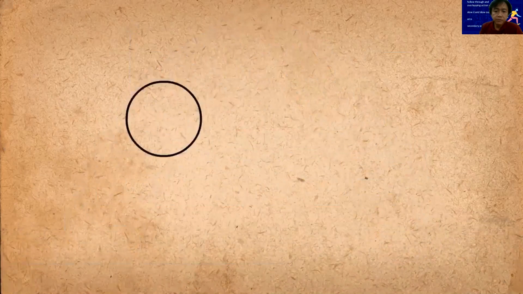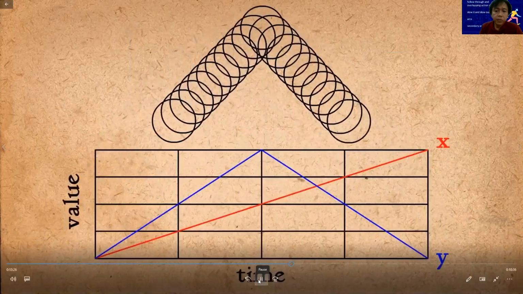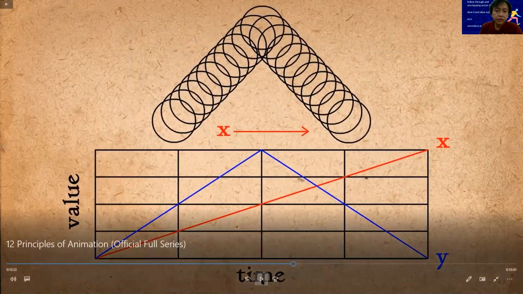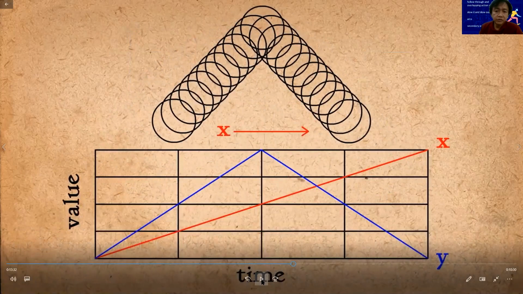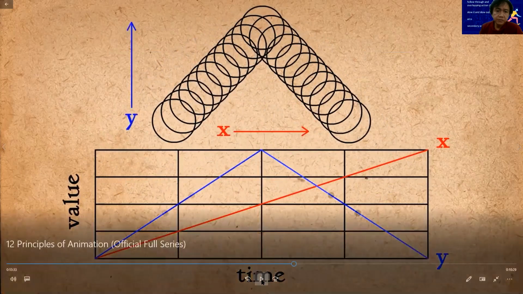Slow in and out caused by gravity. When doing this in 3D and motion graphics, we can achieve this effect by keeping the movement in the x-axis constant, but... Okay, what is the x-axis here? It's the time. So in other words, you constantly have the time, but you increase the value in between the spaces. So what will happen? Giving the movement in the y-axis, the movement is going to be the y.